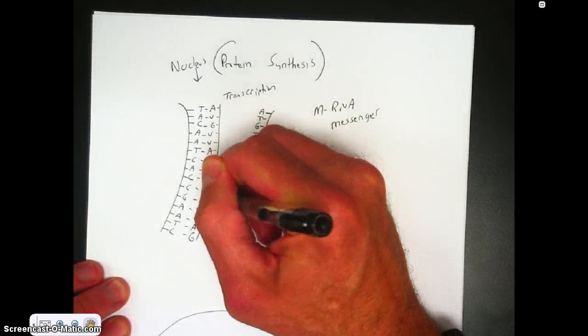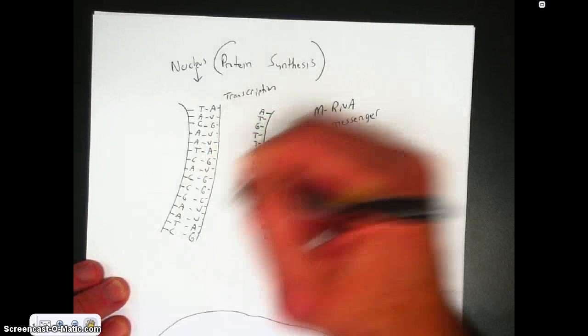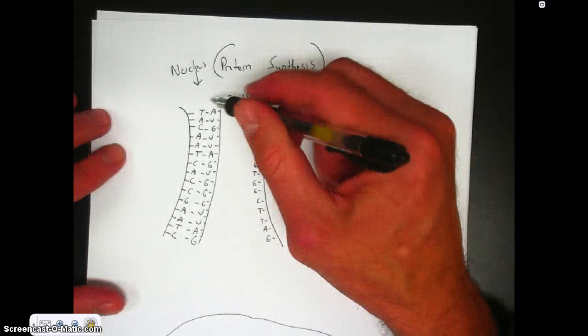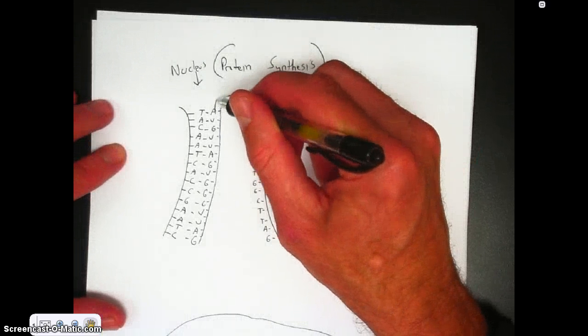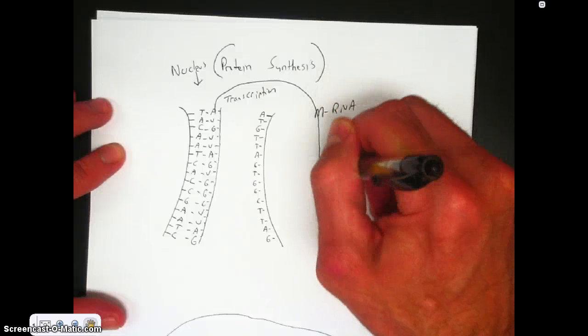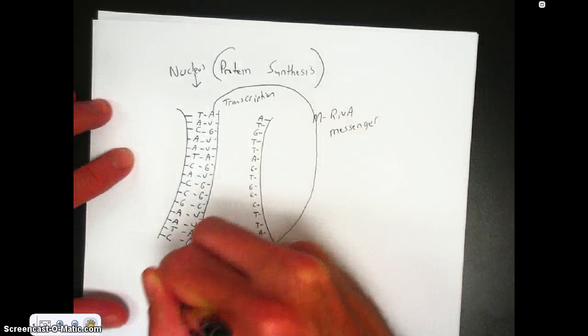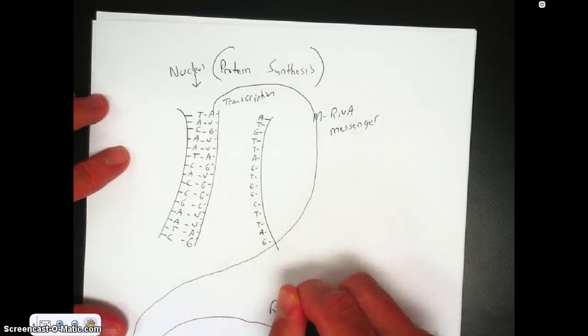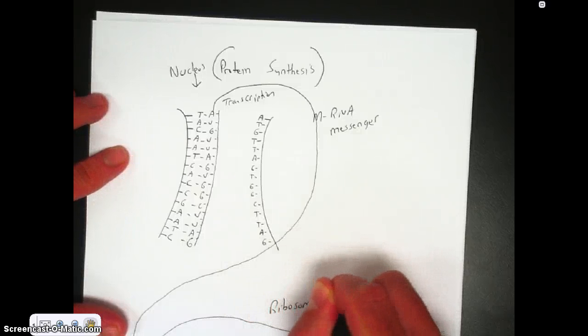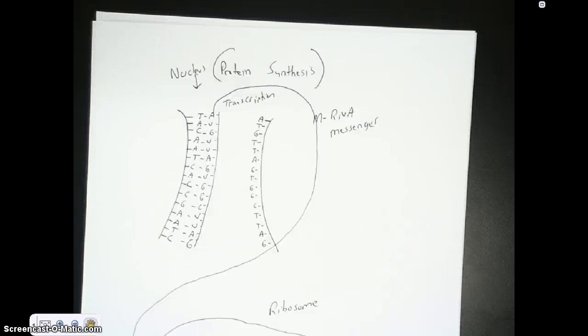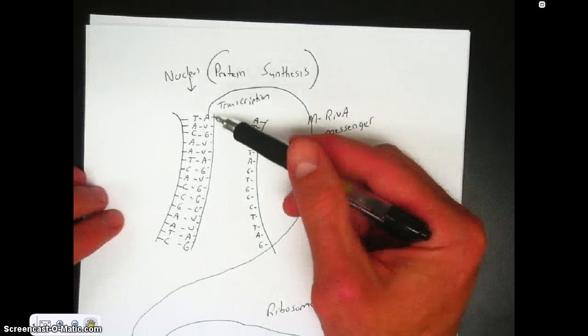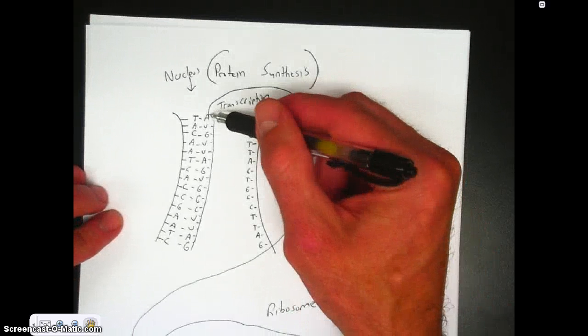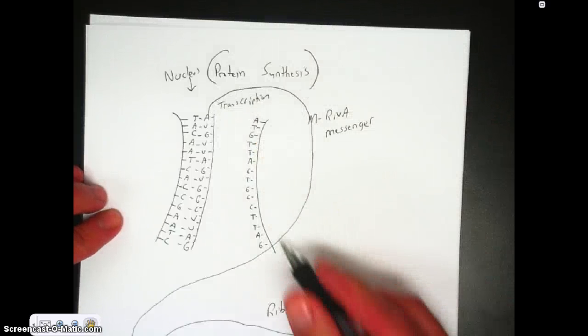After this has been copied, or shall I say transcribed, the next thing that happens is the messenger RNA is going to detach from the DNA and make a journey to the ribosomes. This is my big giant ribosome that I have drawn right here. So I'm going to copy this message that I've written right here, as if I pulled this out like a little train. I'm going to copy this down.